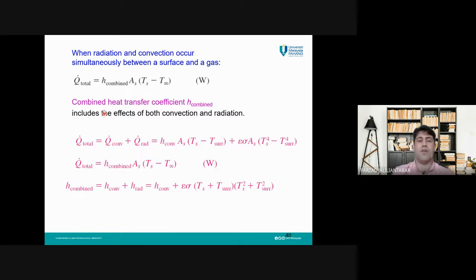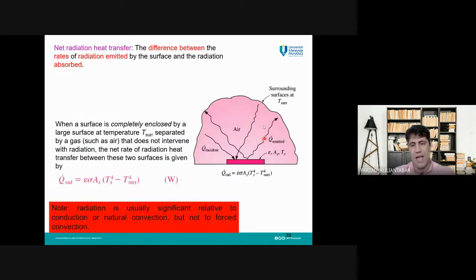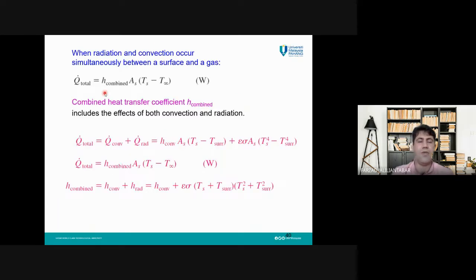So in this case, to calculate the total heat transfer, when we have a solid surface like here and a forced convection heat transfer, for example, then we have heat transfer by two types of the heat transfer method. One of them is radiation, the other one is convection.